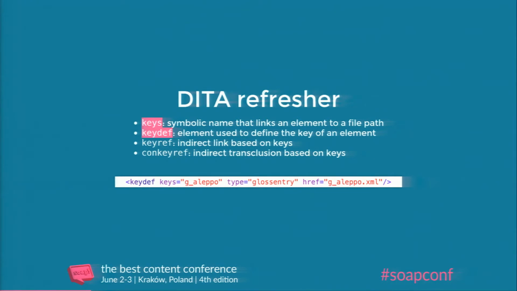We have several techniques for referencing these keys inside topics, but in this presentation, we want to show two of them: one is keyref, and one is conkeyref. I don't want to go into detail about when we use each of them. You will see that in our example. But basically, they are both indirect linking techniques that are based on keys.